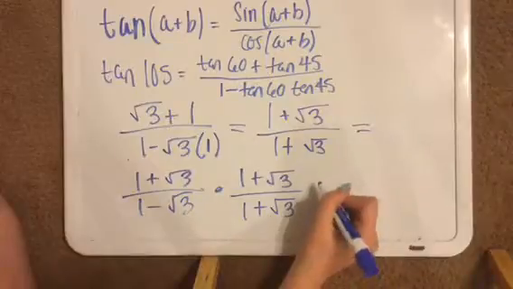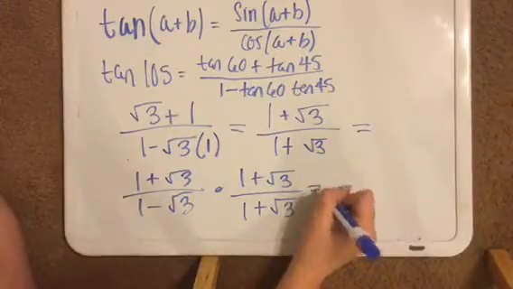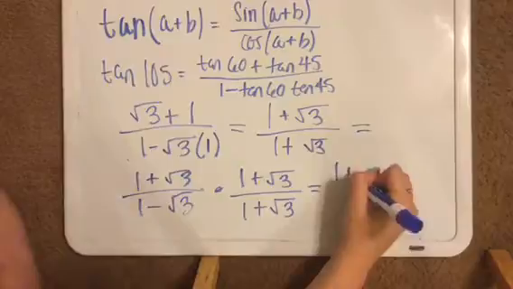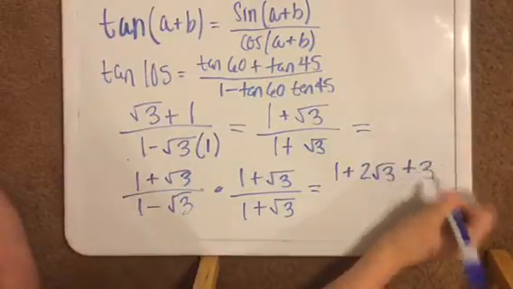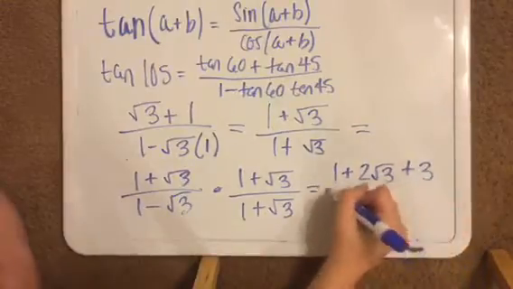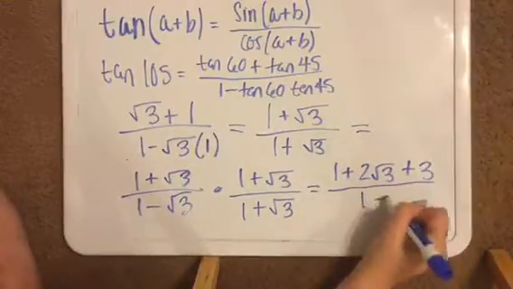You will then combine like terms, and you will get 1 plus 2 square roots of 3 plus 3, and this is all over 1 minus 3.